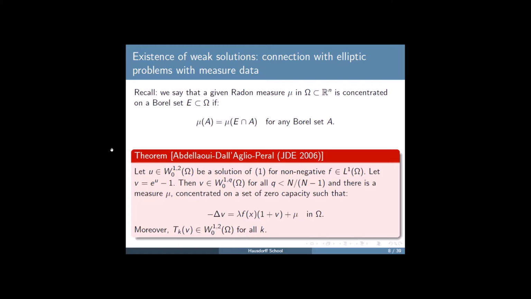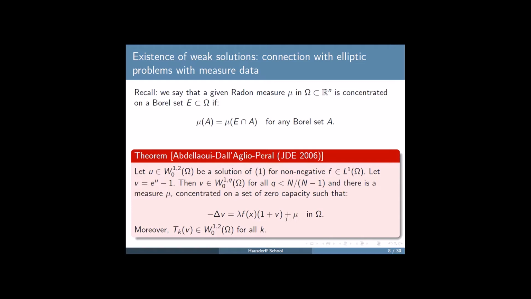A first result that shows a relation between the problems that we discussed and measures is the following. Suppose that you have a solution in W^{1,2}_0 of the problem that I showed you before for non-negative f in L1. Suppose that you take the Hopf-Cole transformation, which I discussed in the beginning. Then this transformation of u, this change of variables, satisfies this regularity. And moreover, there is a measure mu concentrated on a set of 0 capacity such that v satisfies this equation.